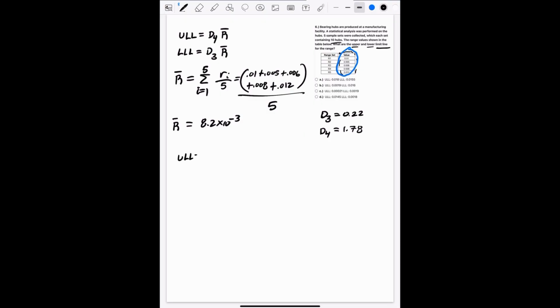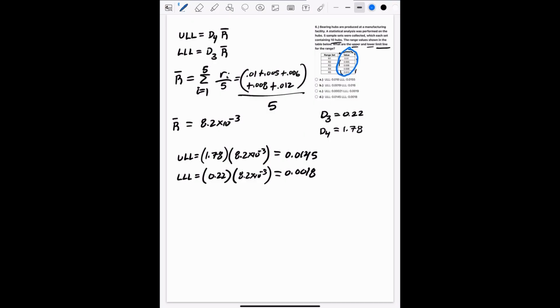So the upper limit line is equal to D4 R bar, so 1.78 times 8.2 times 10 to the negative 3, which gives a value of 0.0145, and the lower limit line is equal to D3 times R bar, so 0.22 times R bar, which is going to be equal to 0.0018.